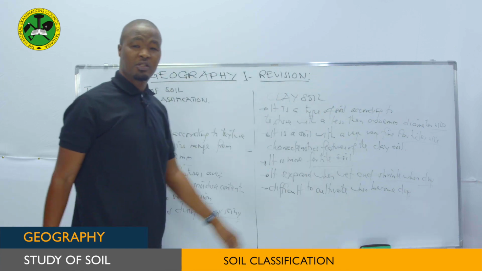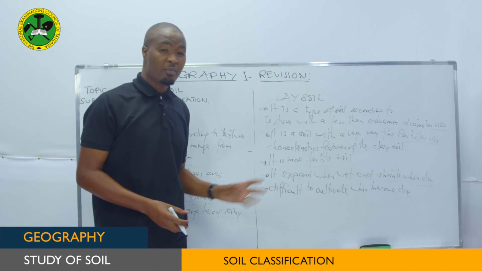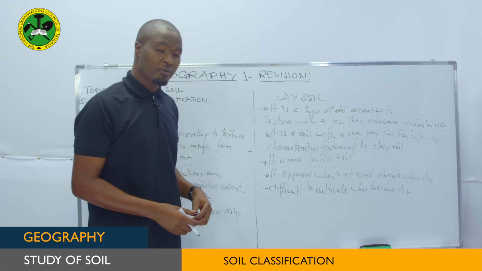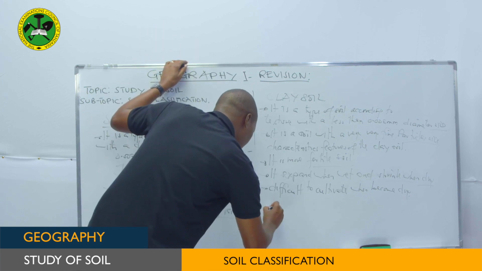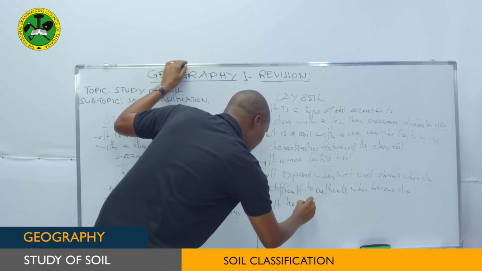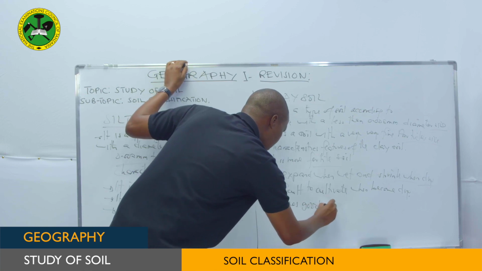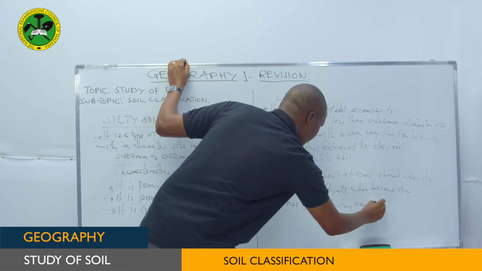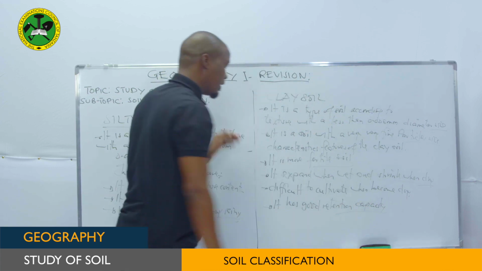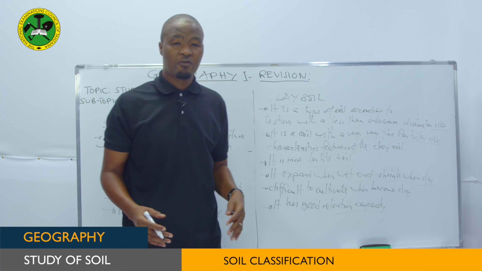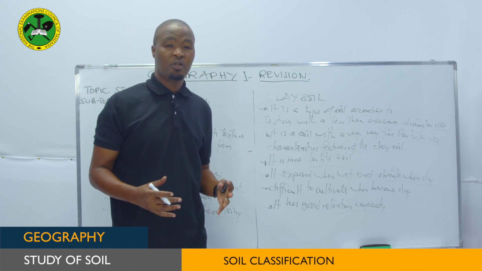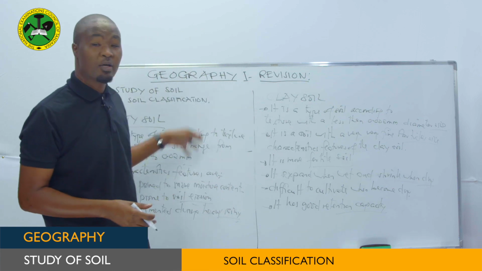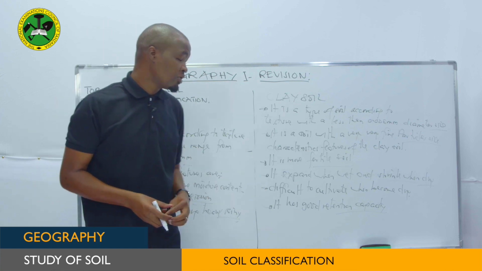It's difficult to cultivate when this kind of soil becomes dry. Remember, this is what we call the clay soil. Then it has good retention capacity. Are we together? It means it has a high rate of retaining water on its surface than the other types of soil.